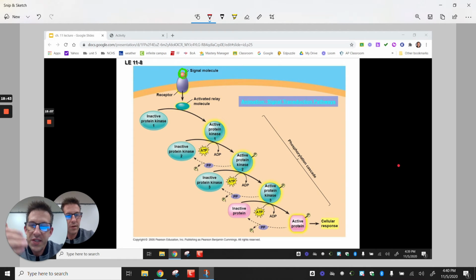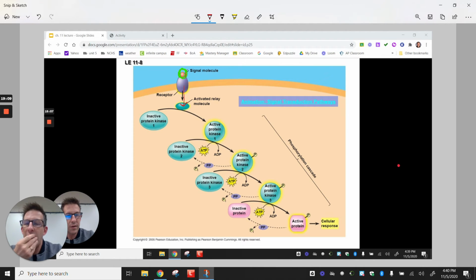So we've received the signal from the external environment, and the receptor is going to then relay that signal into the cell. And we know that this receptor has been activated because it's got a little yellow glowing aura around it, right? And if it's activated, it can then activate something else.